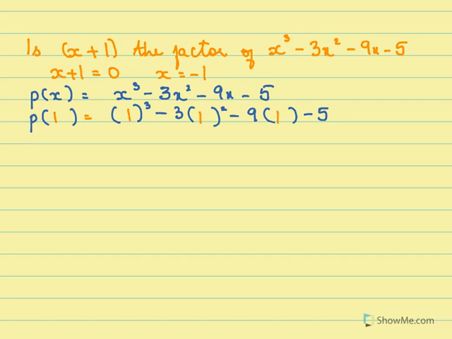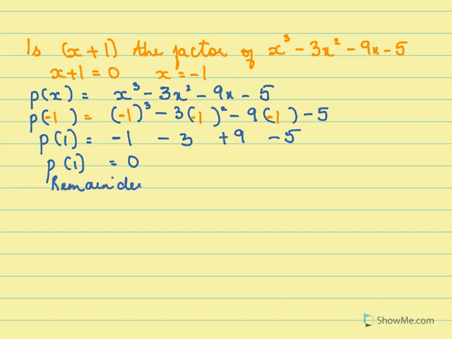So this is minus 1, minus 1 and minus 1. So I have P of minus 1 equal to minus 1 minus 3 minus 9. Here this is P of minus 1. So this is minus, this is minus, this is minus. So here we have now minus, this will be plus 9 minus 5. So P of minus 1 equal to 0.